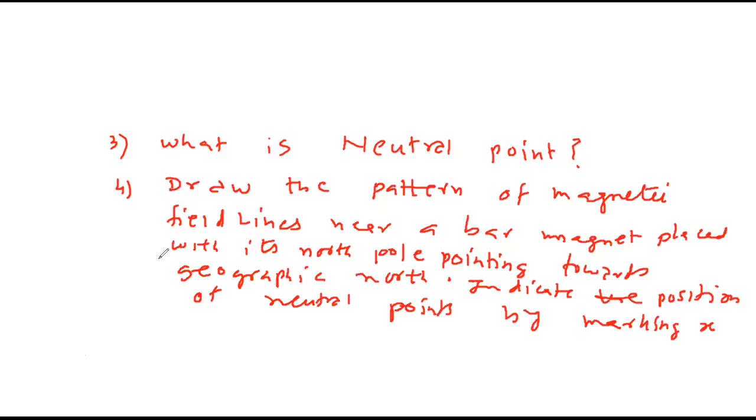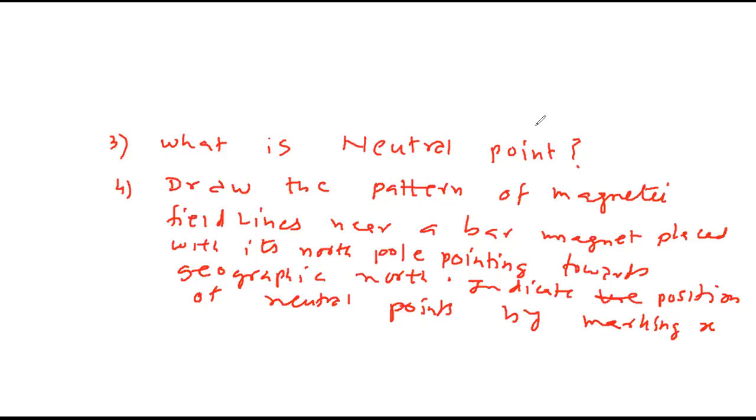Draw the pattern of magnetic field lines near a bar magnet placed with its north pole pointing towards geographic north. Indicate the position of neutral points by marking X. What do you mean by neutral point?